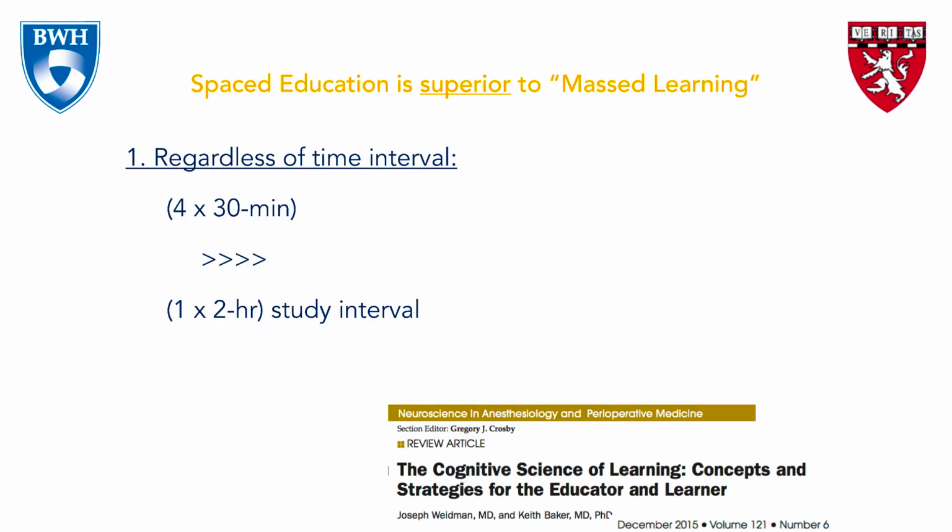In terms of the literature, spaced education has been proven to be superior to mass learning regardless of the type of interval. Intuitively, this makes sense, so that four 30-minute study sessions are much more favorable than a one-time 2-hour study interval.